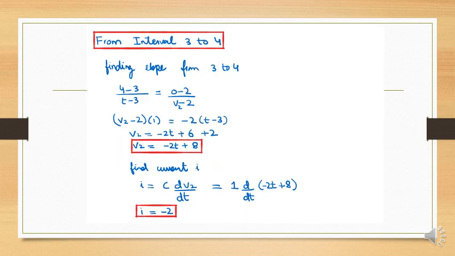Now for the last interval from 3 to 4, again we first have to find the slope. The slope we got by using the formula is minus 2t plus 8. After finding the slope, you have to find the current I for this interval. The current is C dV2 over dt, 1 into d over dt of minus 2t plus 8, and what we got is I is equal to minus 2.